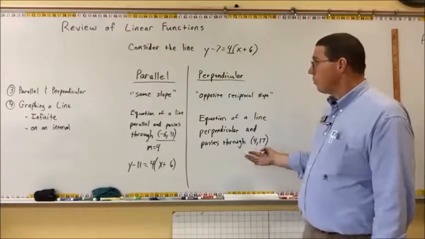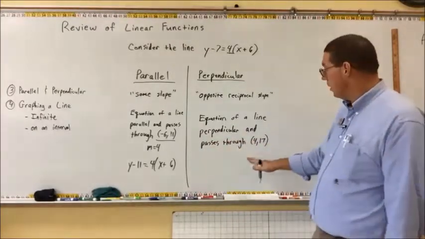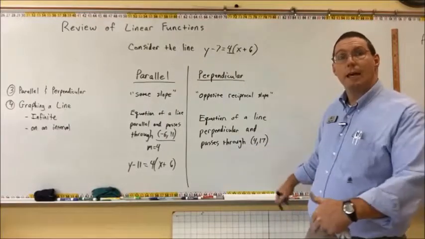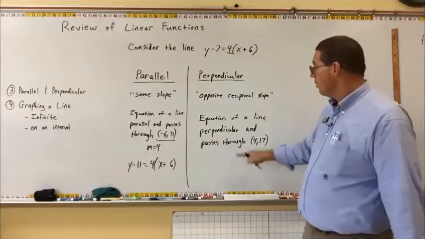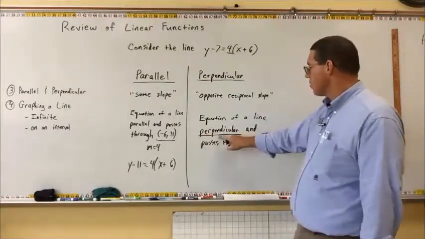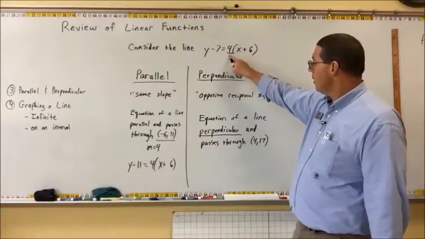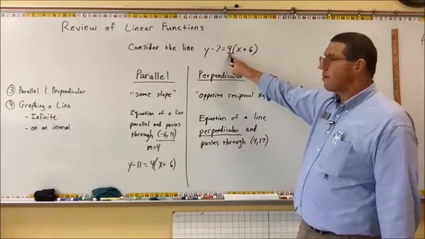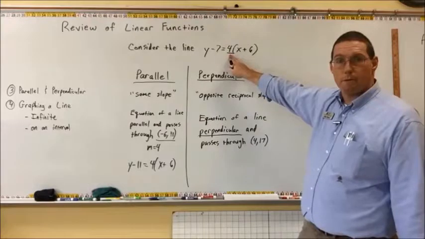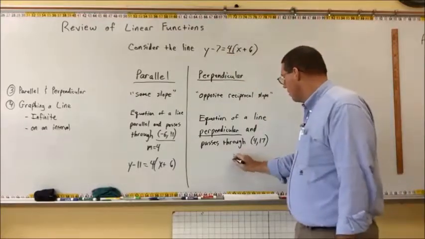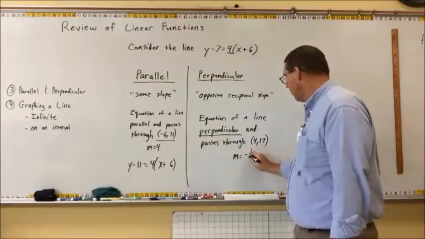Well, to write it in point slope form, we need a point, which we have, and we need a slope. Well, if we know it's perpendicular, that gives us the slope. The slope of a perpendicular line is going to be the opposite reciprocal. The opposite reciprocal of 4 is m equals -1/4.